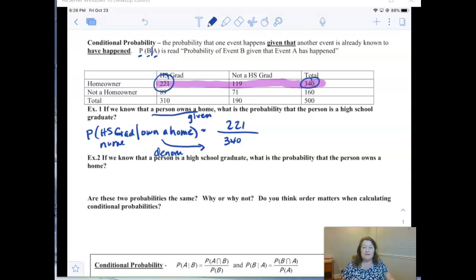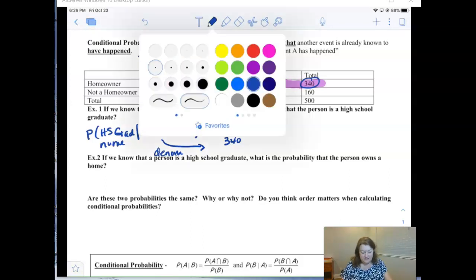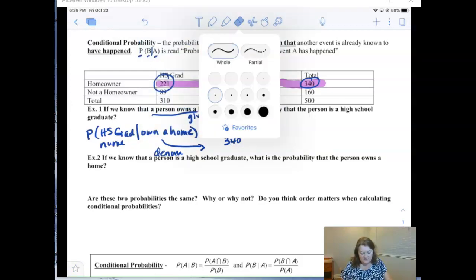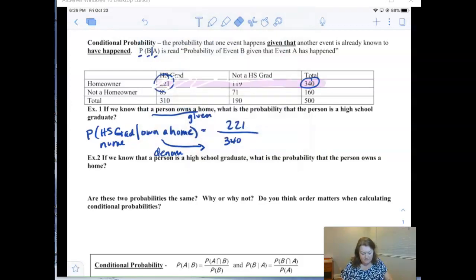Okay, all right, next one, let's try another one. I'm going to erase all the stuff we just did on the table here. On the next one we have, if we know, so there's the given part, that a person is a high school graduate, what is the probability that they own a home?